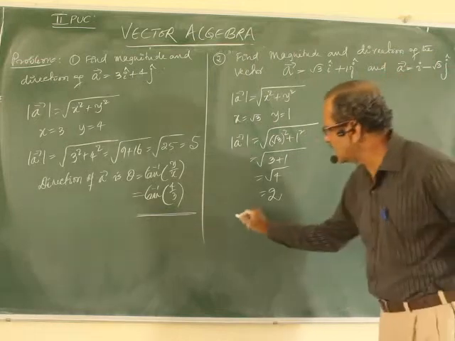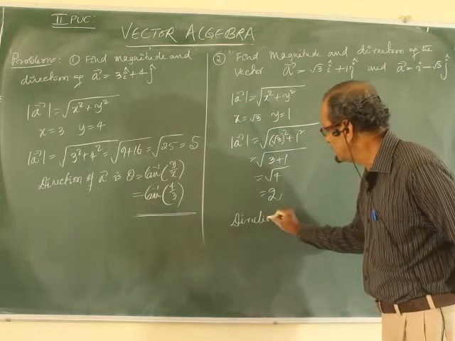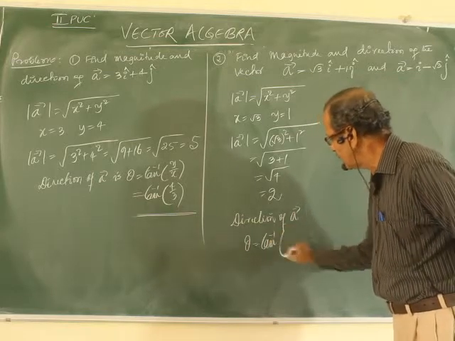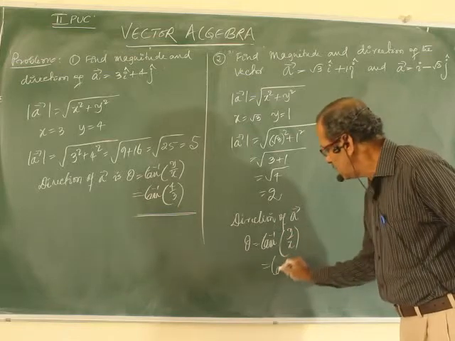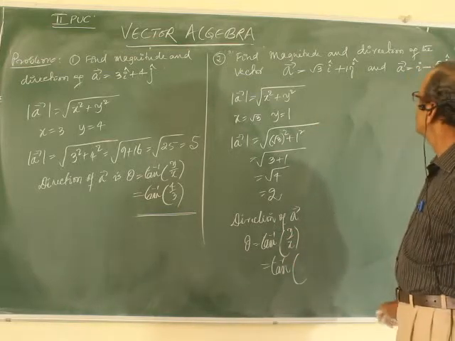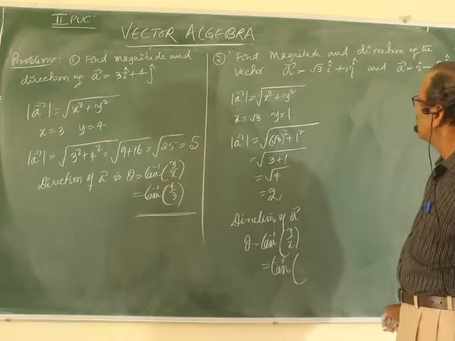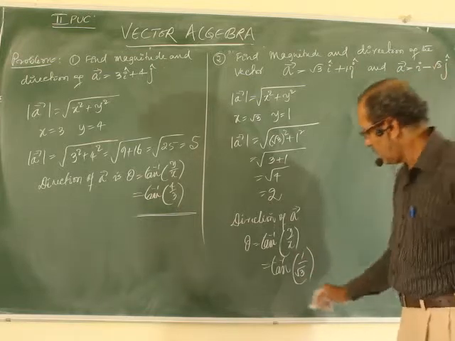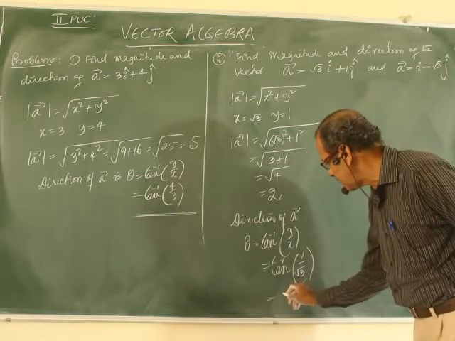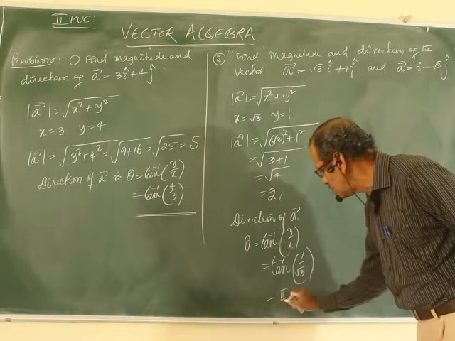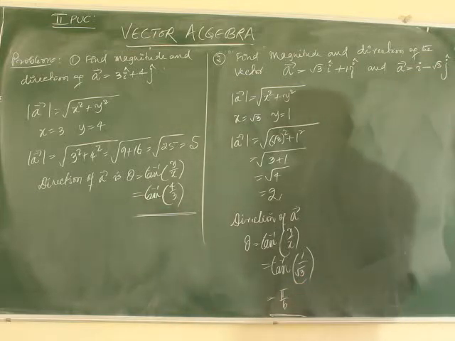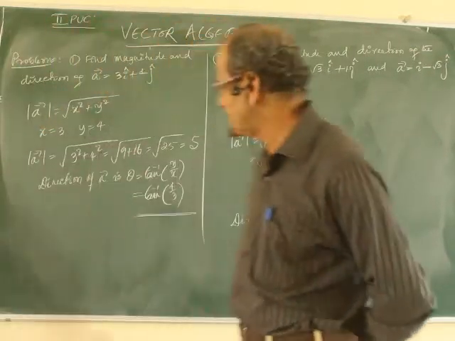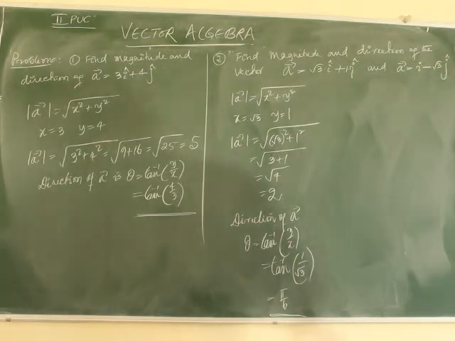Direction of A, theta equal to tan inverse of y by x, or tan inverse of y is 1 by root 3, or it is 30 degree, pi by 6. Direction of the vector is this.